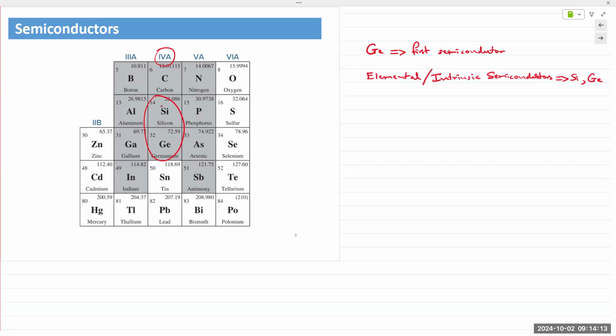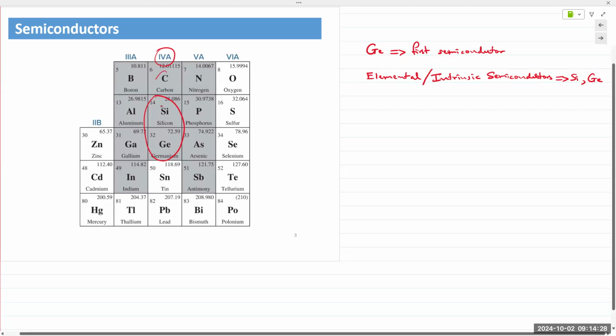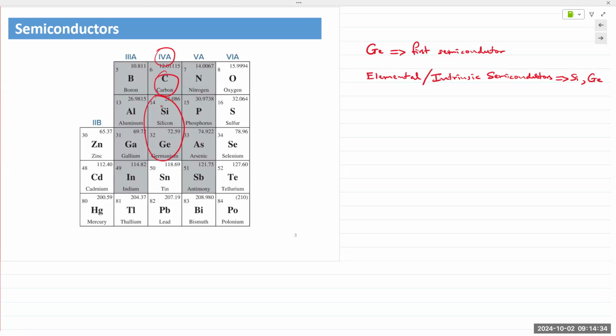They are from column 4 of the periodic table, so they have 4 electrons in their outermost orbit, right? However, not every element that has 4 electrons in the outermost orbit is a semiconductor. Carbon is not. It actually is the opposite. It's an excellent insulator. And we'll talk about that in the next few slides.